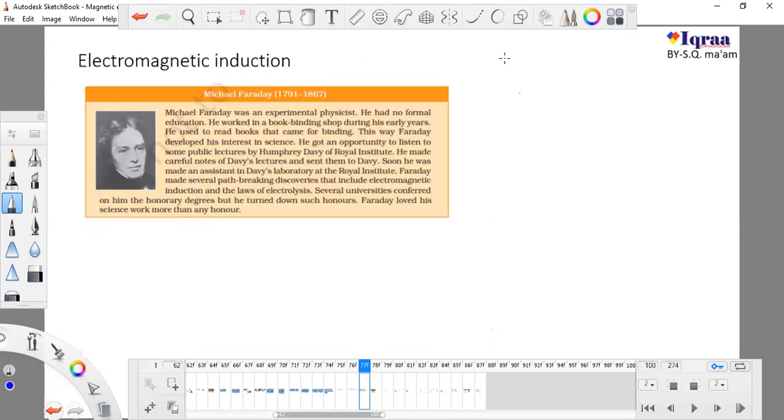Michael Faraday thought that, at that time, everyone was creating magnets from electricity. Michael Faraday was the one person who thought, can I make electricity from a magnet?